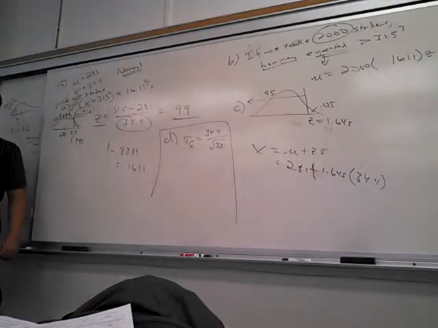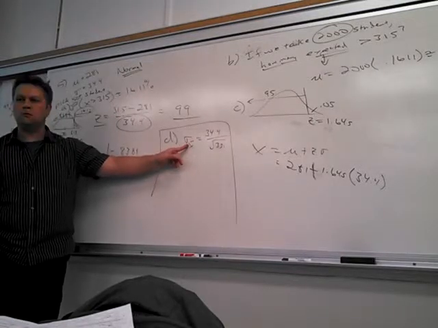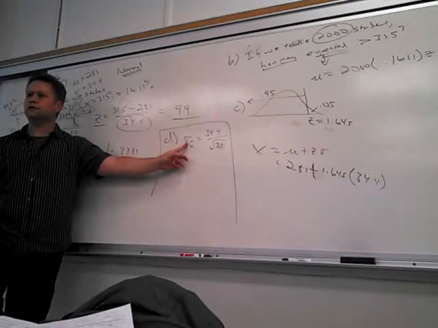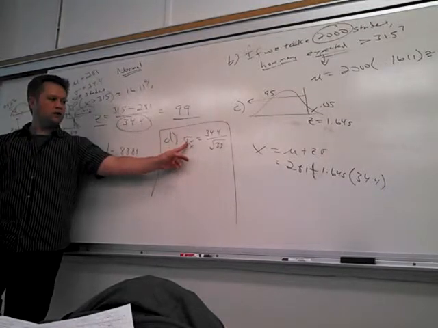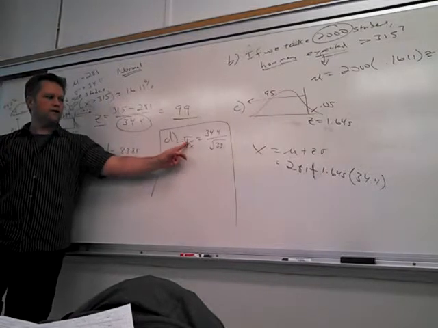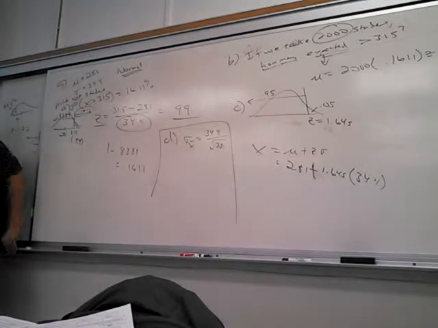I'm glad you said that, Tyler, because the biggest mistake people make is they think I'm changing this into a sample standard deviation. I'm not. It's still a population standard deviation, isn't it? It's the population of all the possible sample means. They will have a standard deviation of this.